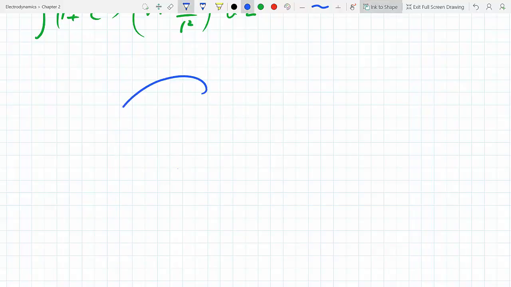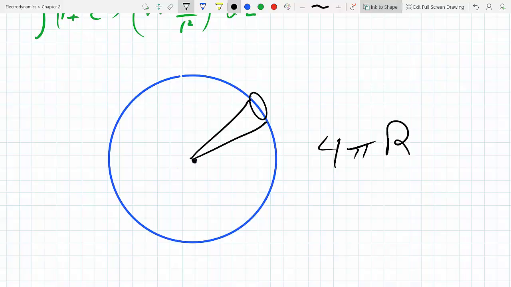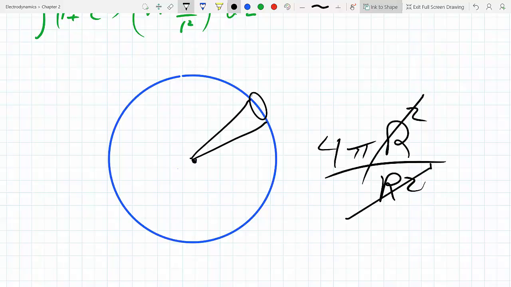We know it's a sphere. If you take a piece and integrate it all the way around the sphere, you get the area, 4 pi r squared. Except you're dividing by r squared, so the r squared goes away, and you get 4 pi. You understand? Yeah.